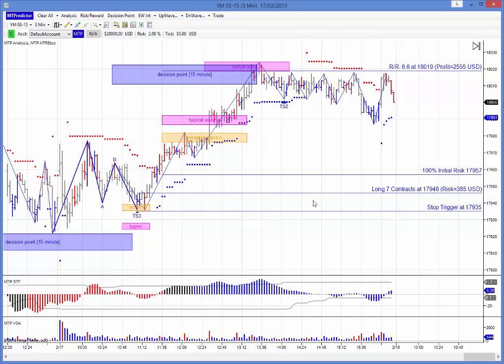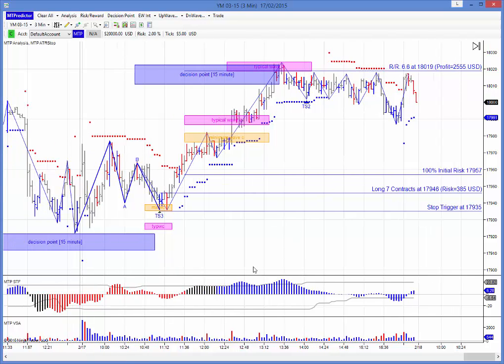So this is what we want to do with our teaching with MTPredictor. Rather than just looking at our standard trade setups in our STF direction, which you may do when you first come to MTPredictor, we want to give you the education to take you to higher levels, to use the higher time frame.